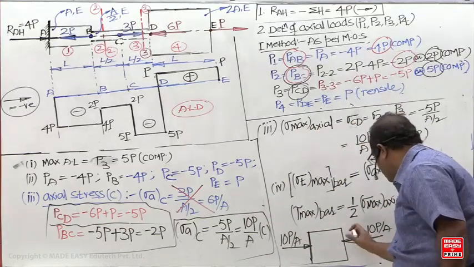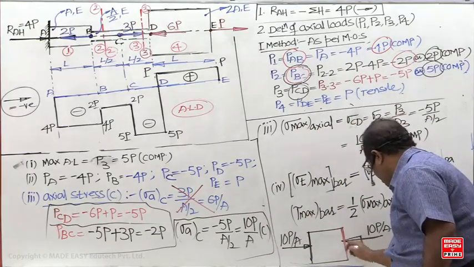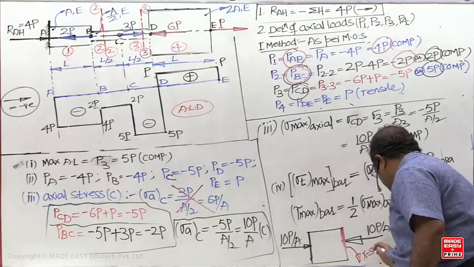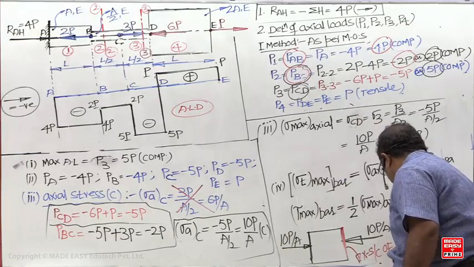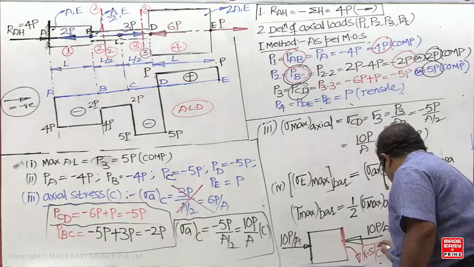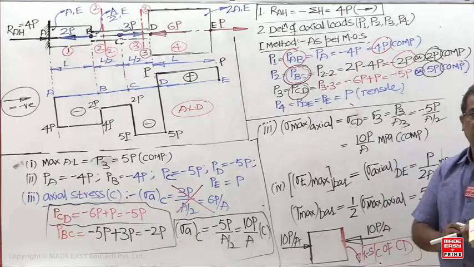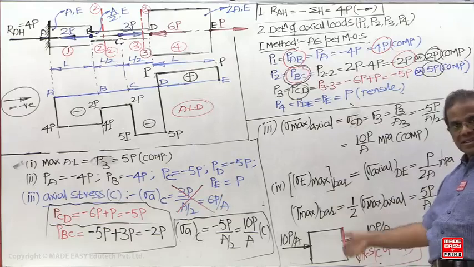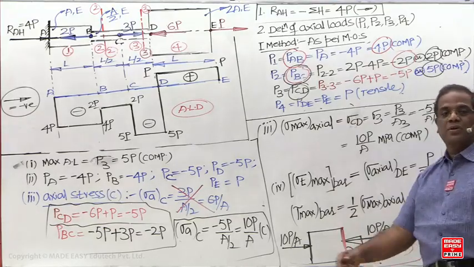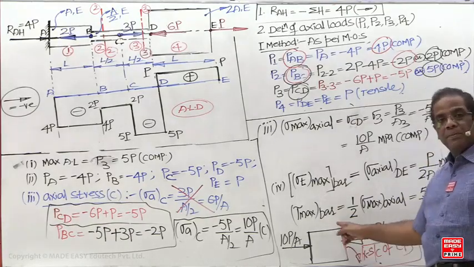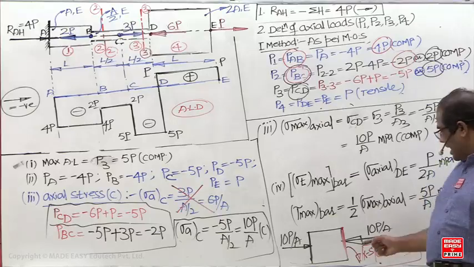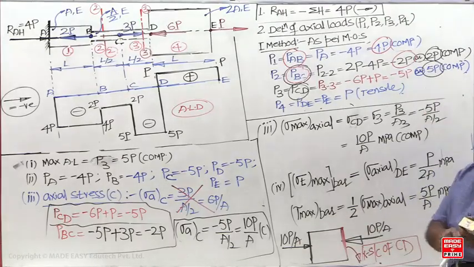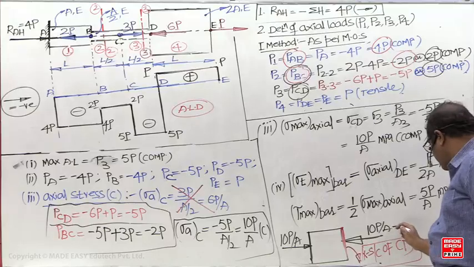Now this will be the cross section where you are getting axial stress maximum, the CD portion. Axial stress is perpendicular to the cross section, so directly this is the principal plane. So directly this is sigma 1. Sigma 1 is negative, and where do you get the tau max plane? At 45.